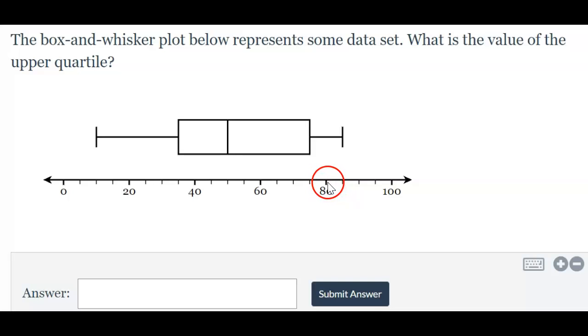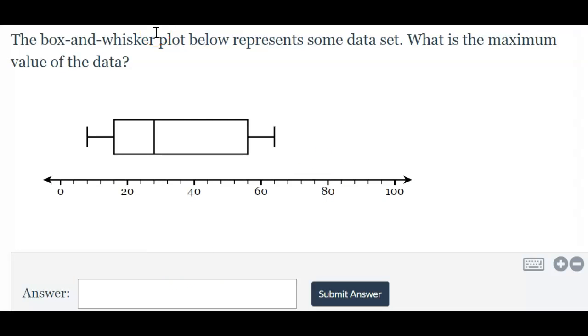So each one's going to be worth 5. You take the difference between the two, 20, and divide that by 4 because there's 4 tick marks between them. That gives us 5 for each one. So we'll go from 60 to 65, 70, 75, 80. So this upper quartile is at 75.